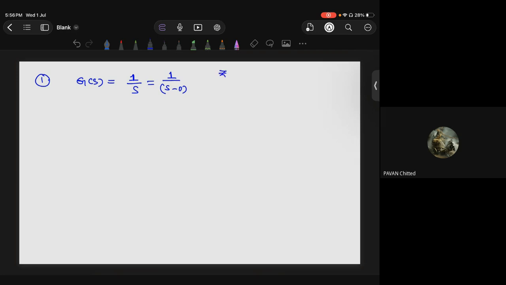So obviously the pole is at 0. We have only one pole, and that pole value is 0. In the numerator we have no polynomial, so we say no zeros.